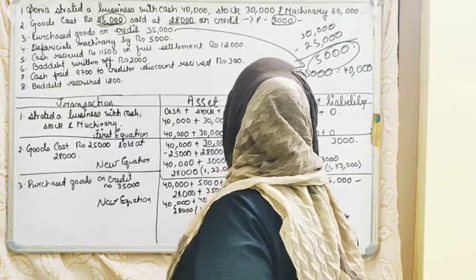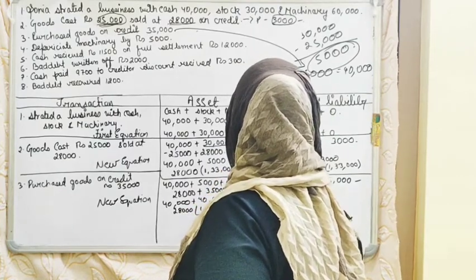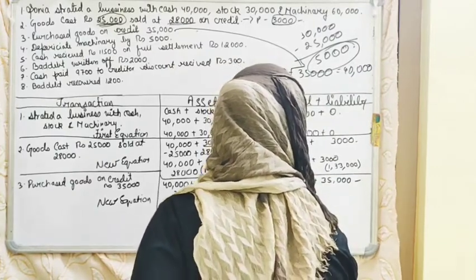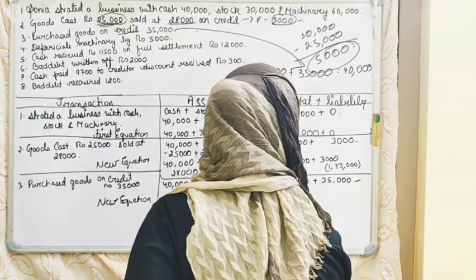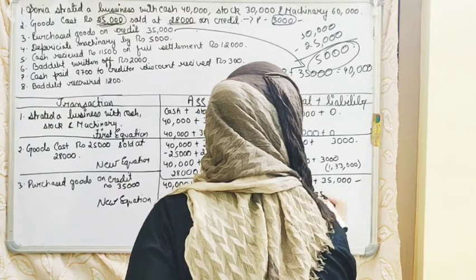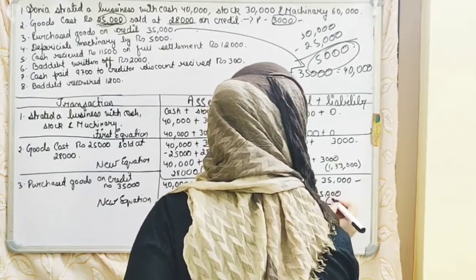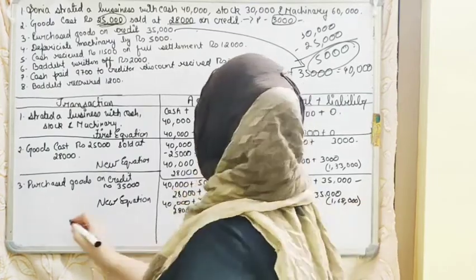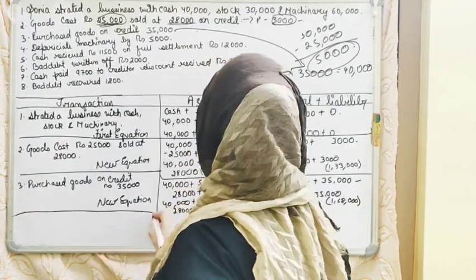That is 1,68,000 is equal to, we'll write the amount over here, 1,33,000 plus 35,000. That comes to a total of 1,68,000. That is your third equation.